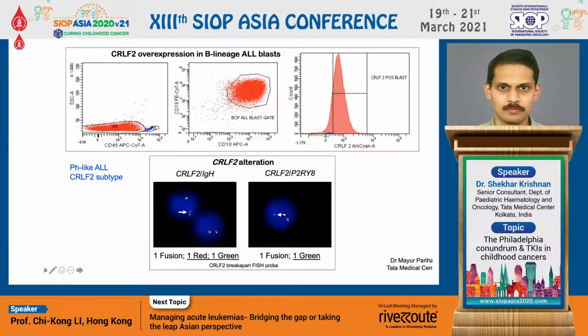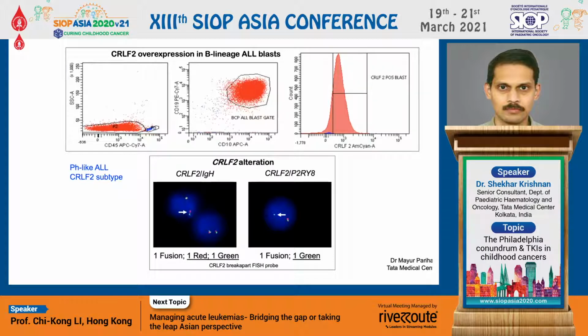Now, this doesn't form a chimeric fusion transcript, but results in deregulated CRLF2 activity. The point I'm making here is that CRLF2 overexpression in and of itself does not mean Ph-like ALL. It has to be accompanied by genomic alterations which result in CRLF2 deregulation, either by rearrangement bringing the CRLF2 next to the IgH promoter, or intragenic deletions within the CRLF2 locus, bringing it next to the P2RY8 promoter. So that point is important.